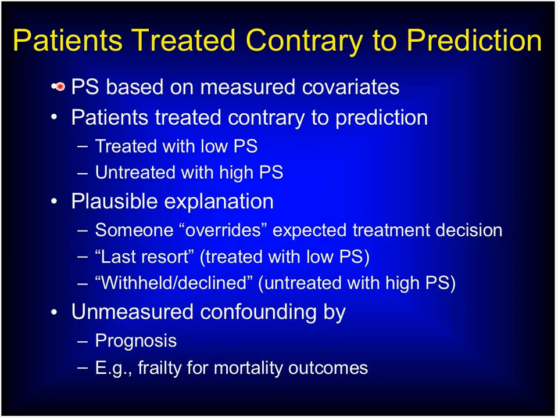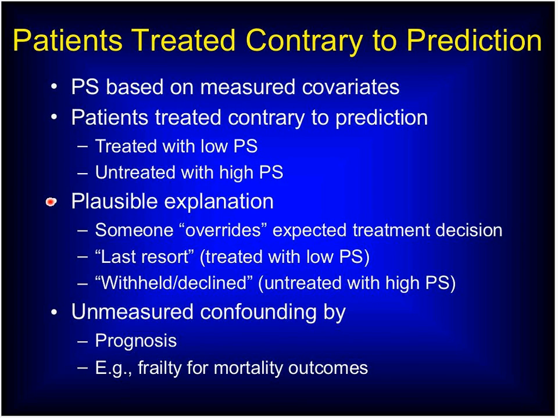So we know that the propensity score is estimated on measured covariates. We know we have these patients treated contrary to prediction. So they're treated with very low propensity scores and the untreated with very high propensity scores.